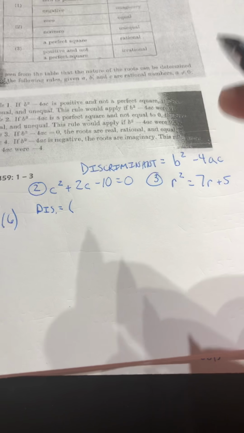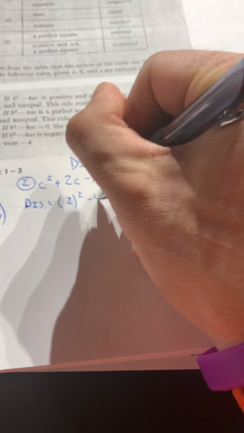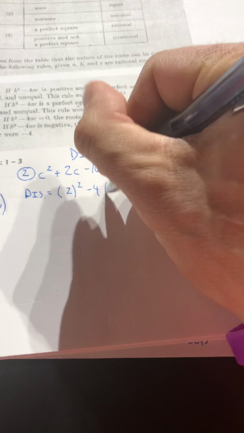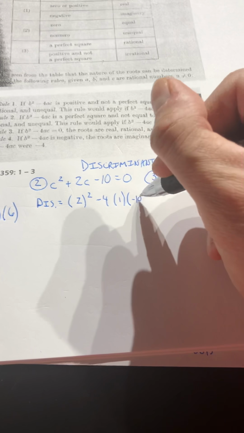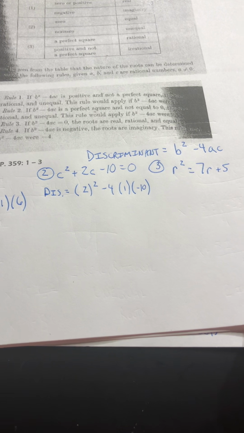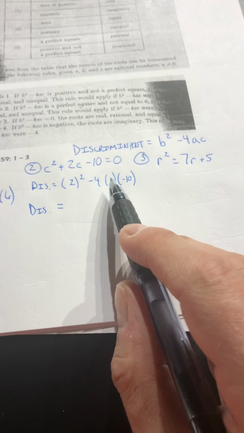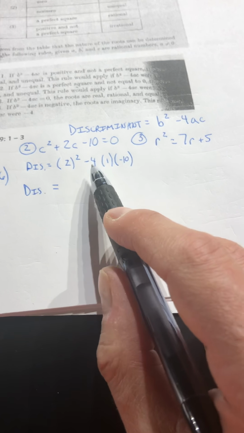So we have b squared, so our b value is 2, minus 4 times a value is 1, times our c value, which is negative 10. So once again, you can use your calculator, make sure you use parentheses. But when we do this, 2 squared is 4. Negative 4 times 1 is negative 4 times negative 10 is 40. So basically we have 4 plus 40, which is 44. Now that's our answer for this.